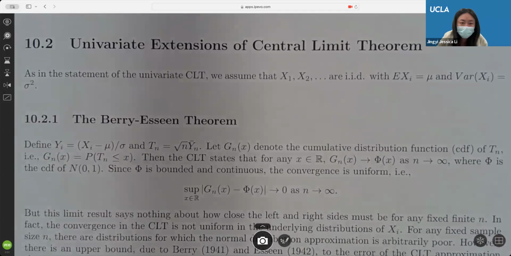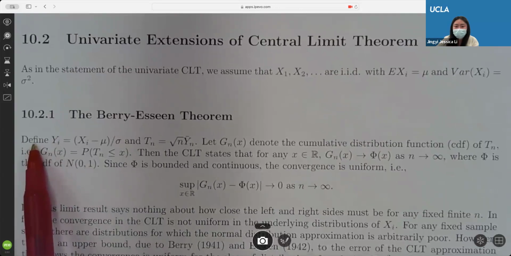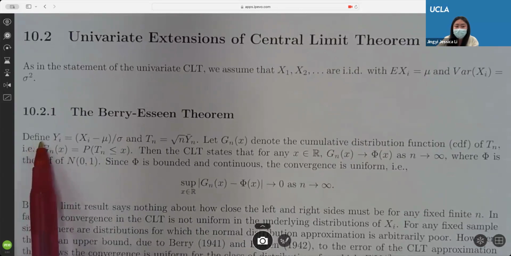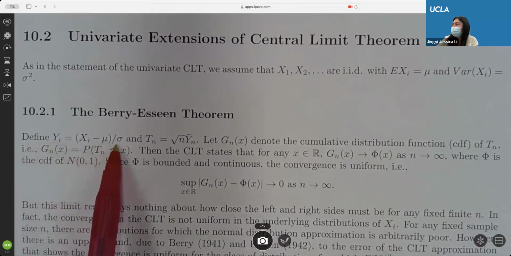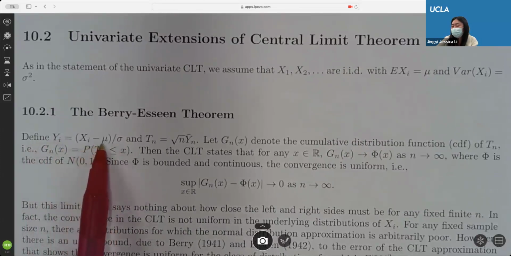So what is the Berry-Esseen theorem? It's talking about how far our actual error distribution is from the limiting distribution, the normal distribution given by the central limit theorem. Let's look at the statement. Let Yi be the scaled, or normalized, version of Xi, that is (Xi minus mu) over sigma.